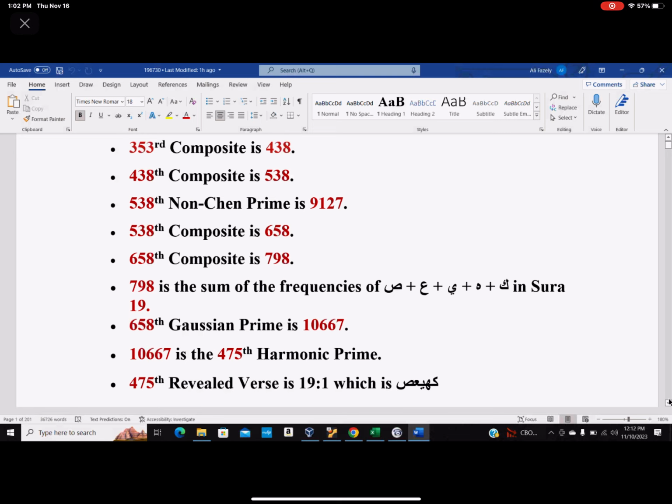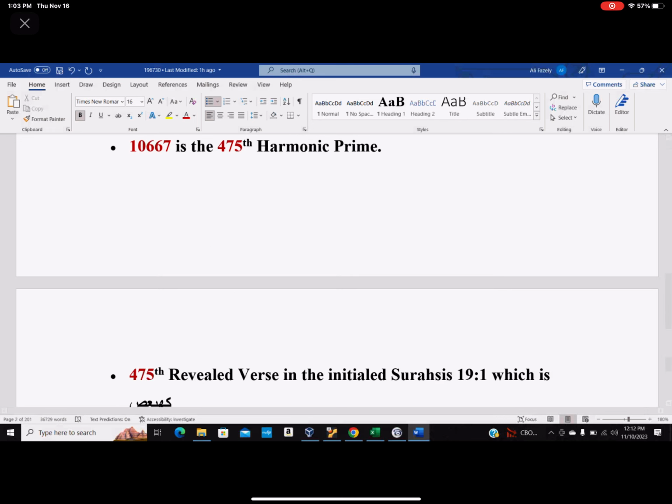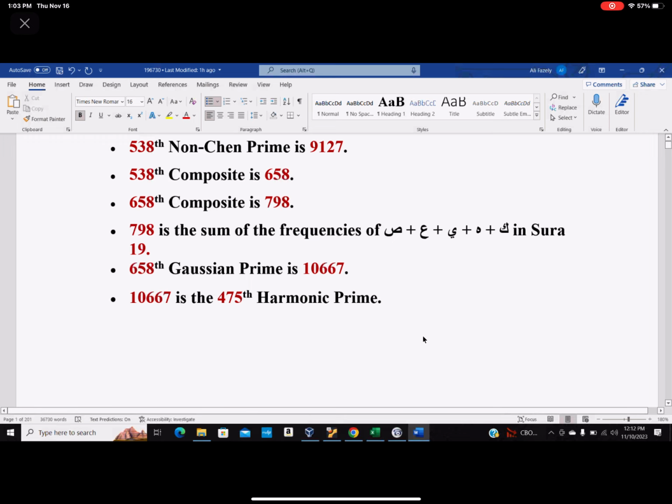And guess what? 475th revealed verse in the initial surahs, okay, in the initial surahs, what was that?